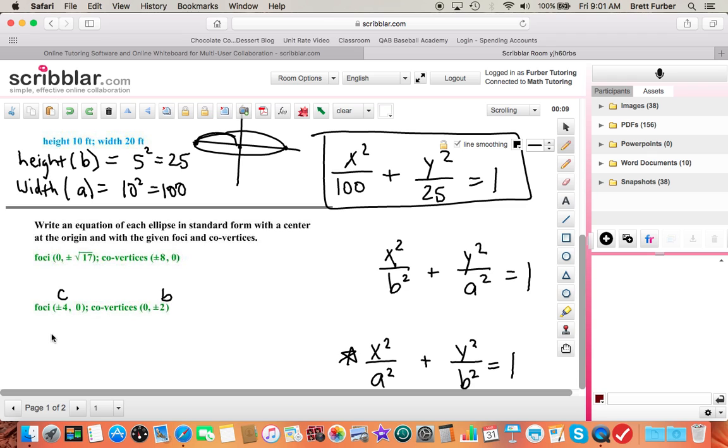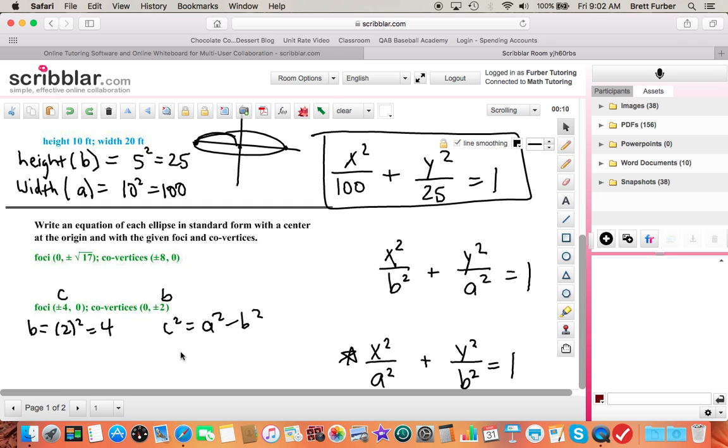I can use the b value. The b value is a 2. So 2 squared is 4. So at least I know that b squared is 4 and it's going to get plugged in here. But I do have to find out the a value, and the only way to find the a value is to use our little formula. C squared equals a squared minus b squared. Now remember, the hyperbola equation is the regular Pythagorean theorem. So they're two different equations, but they're variations of the same thing.